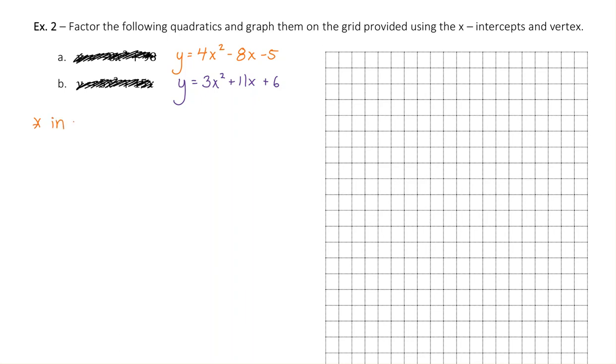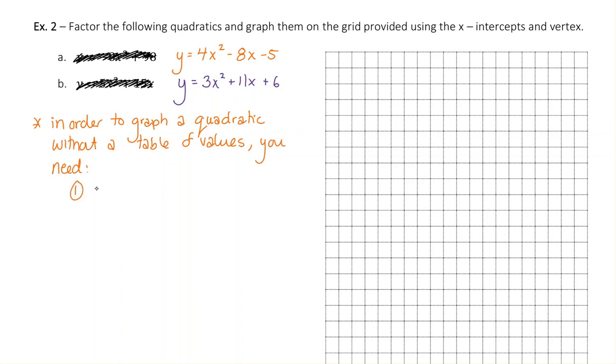In order to graph a quadratic without a table of values, you need the following.